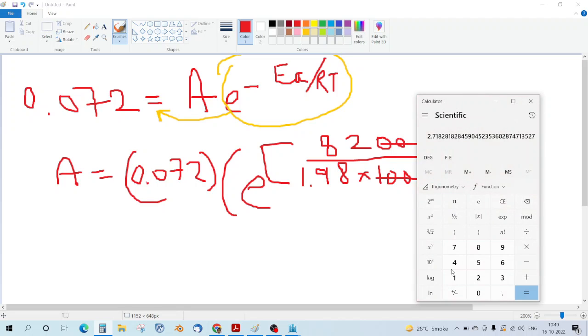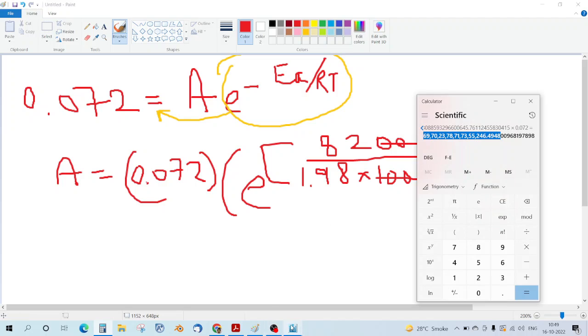So let's take e to the power 41.4141. Yeah, okay, it's quite large, but let's just multiply it with 0.072 and we get this value. Yeah, it's quite large, but that's the thing.